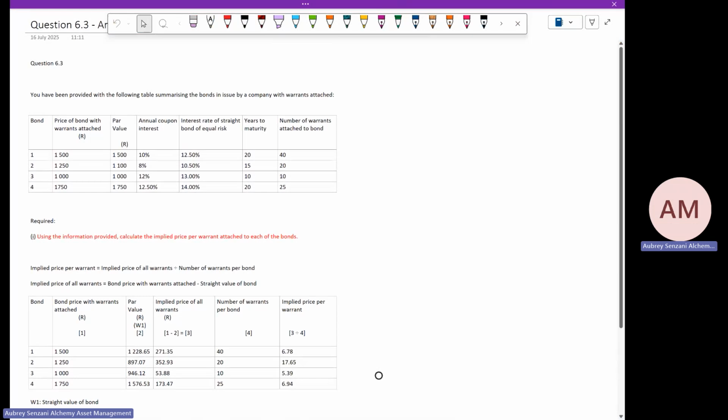This one is pretty straightforward, but I can see it's 1 minute to our break. So let's take our break, and then after our break we'll proceed with 6.3. I think we'll get to 6.6 before the end of today.